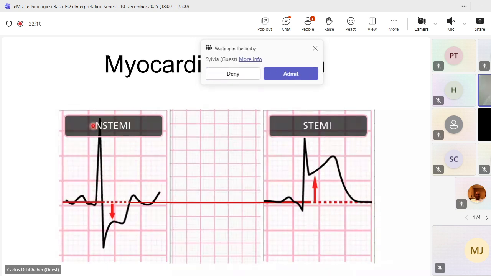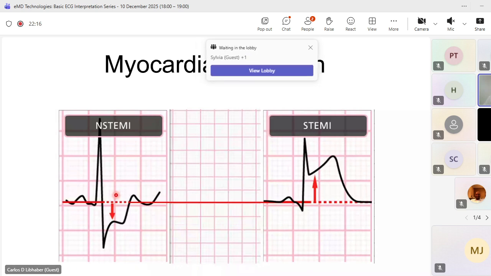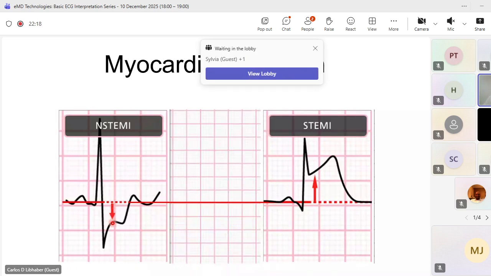Or the non-ST elevation myocardial infarction. Myocardial infarction where the junction between the last wave of the QRS and the T wave is depressed and it takes a long time.